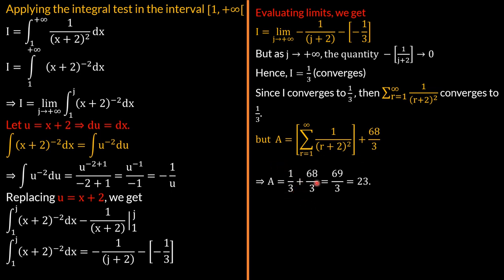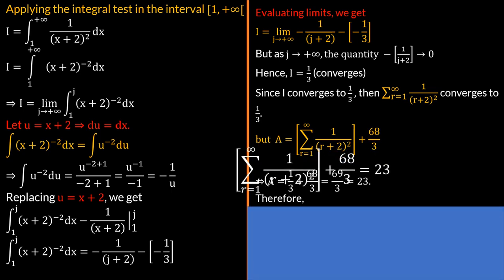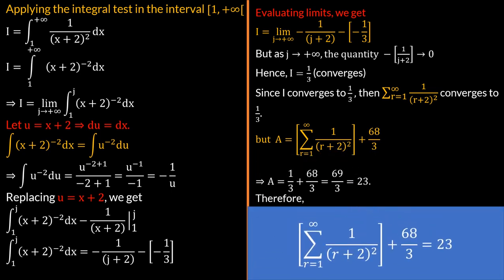So if you take 1/3 plus 68 divided by 3, the denominators are the same, so you sum the numerators and it gives you 69 divided by 3, which gives you 23. Therefore, we can deduce that the age of Mr. Lord James is 23. So this brings us to the end of this first part of the question.